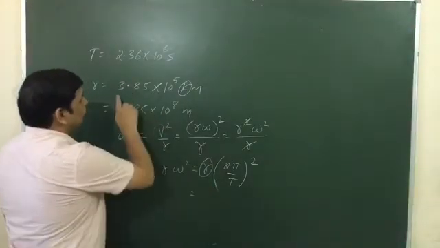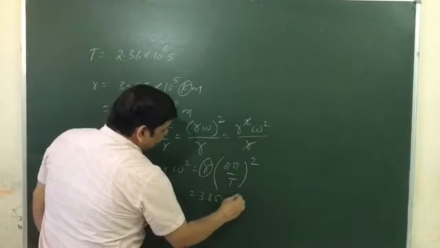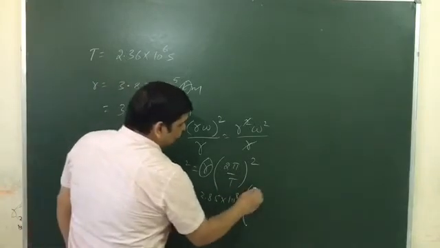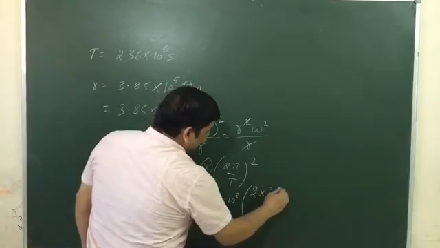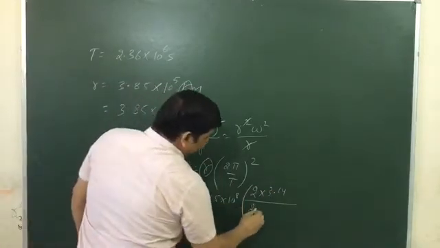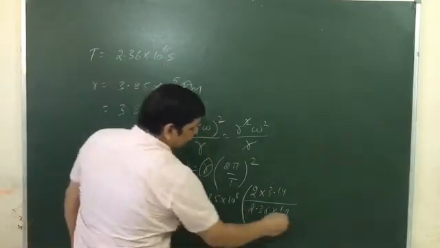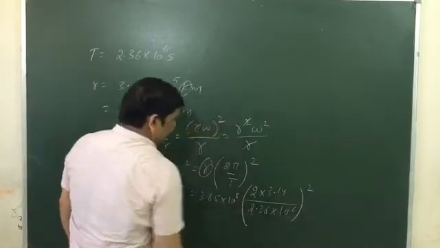Radius 3.85 into 10 raised to power 8, into 2 into 3.14, over time period 2.36 into 10 raised to power 6, whole squared.